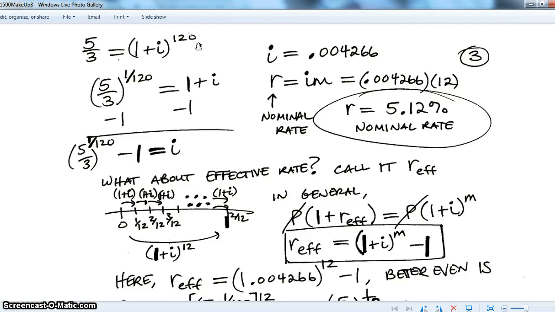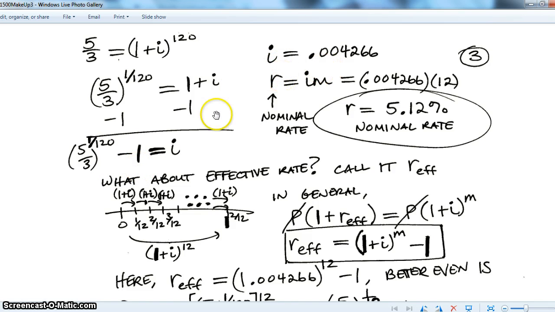In terms of fractional exponents, that's raising it to the 1 over that power. So the 1/2 power is the square root, the 1/3 power is the cube root. So we're literally taking the 120th root of 5/3, and that's 1 plus I. If you subtract 1, then we find that I is (5/3) to the 1/120th minus 1.